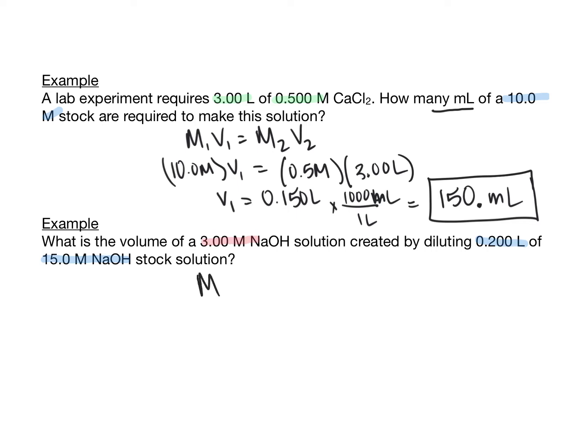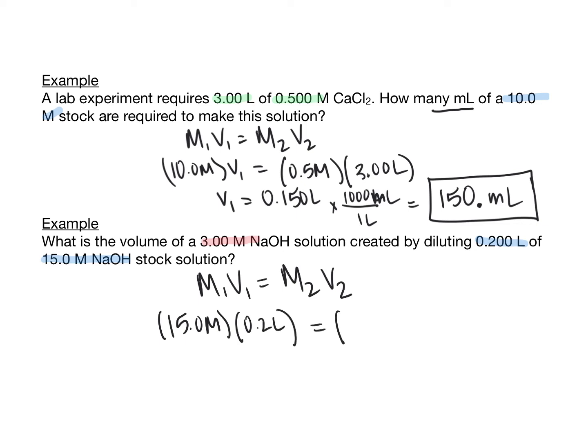So if we write out M1 V1 equals M2 V2, we can see that we should multiply 15.0 molar times 0.2 liters, and that's going to give us 3.00 molar V2. So V2 is equal to 1.00 liters.